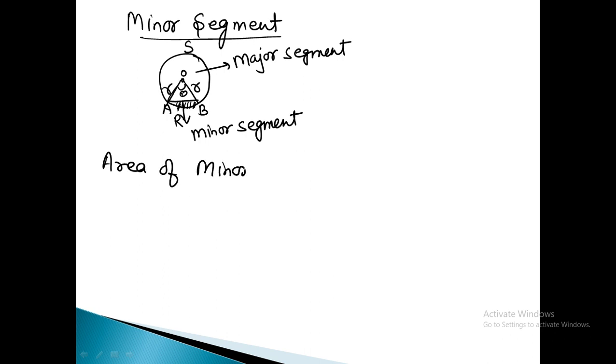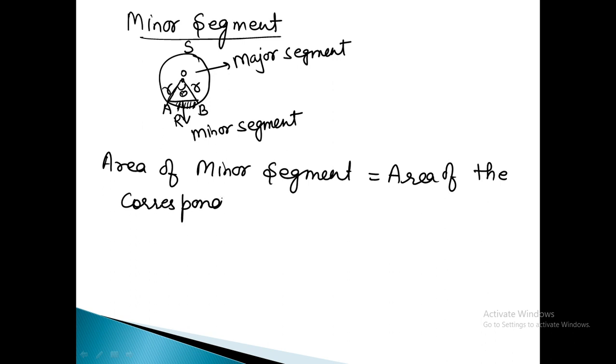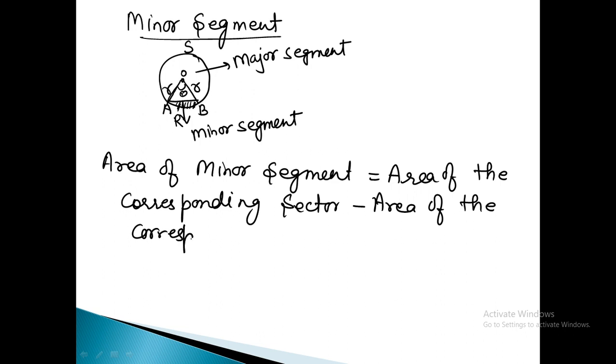Now the area of the minor segment will be calculated as the area of the corresponding sector minus the area of the corresponding triangle.